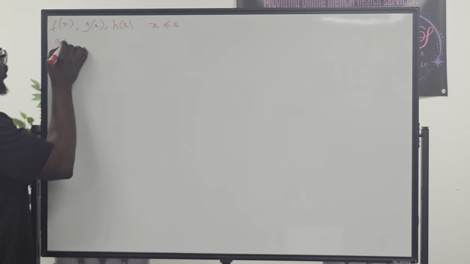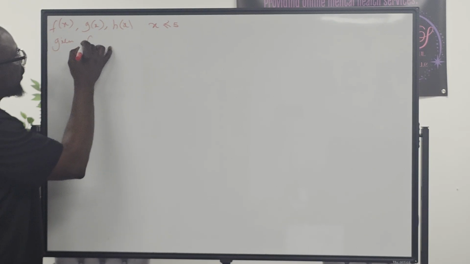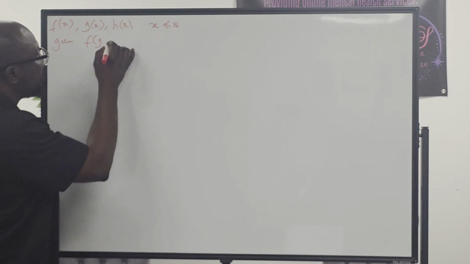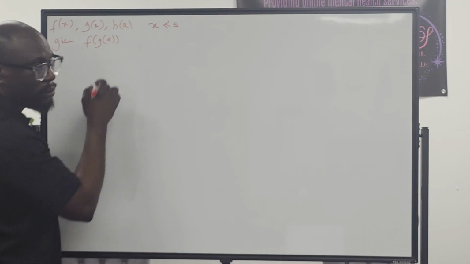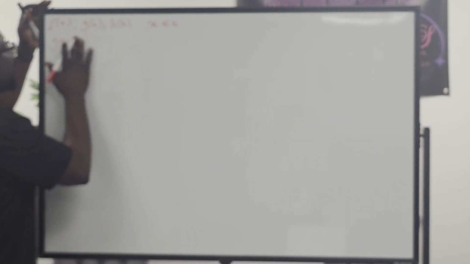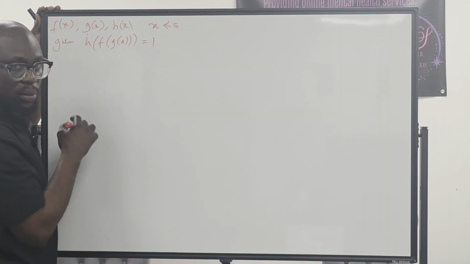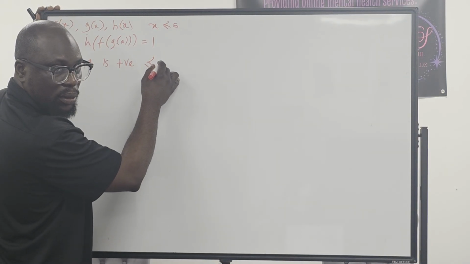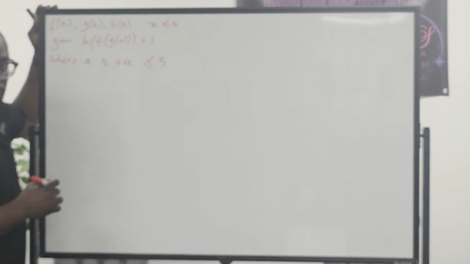Given that h is a function of f, which is a function of g, which is a function of a, equals 1, where a is a positive integer less than or equal to 5, what is the value of a?